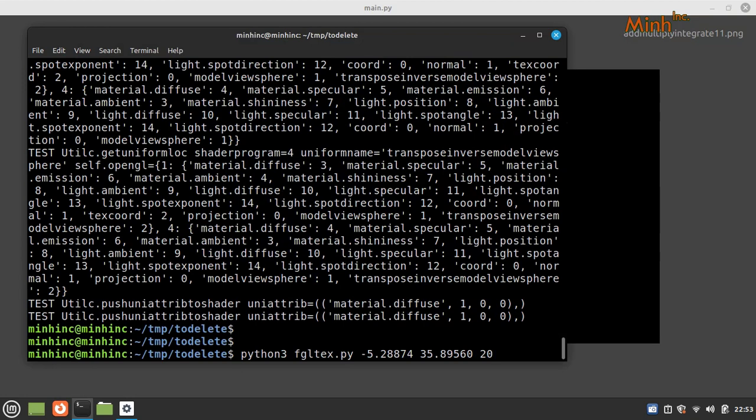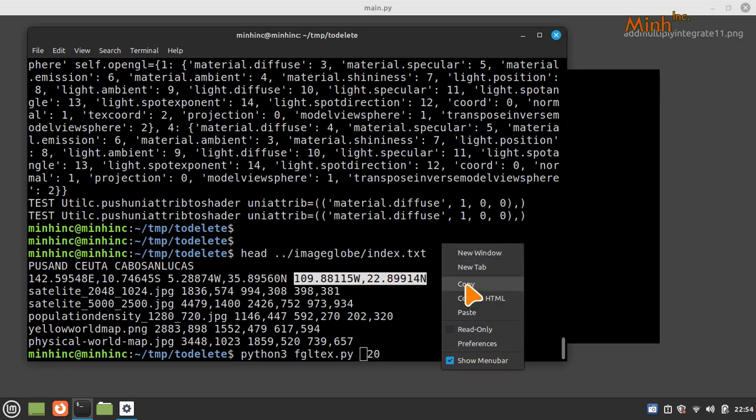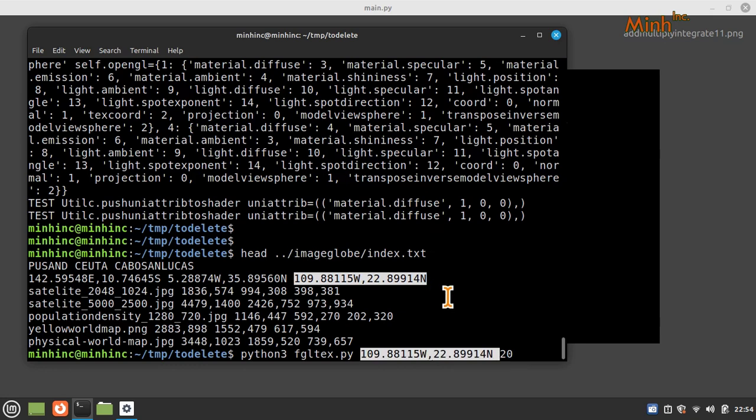Okay, so we can try with another point. One more point I have, some typical points. I believe it is in the United States. It is north and west, so it is minus.